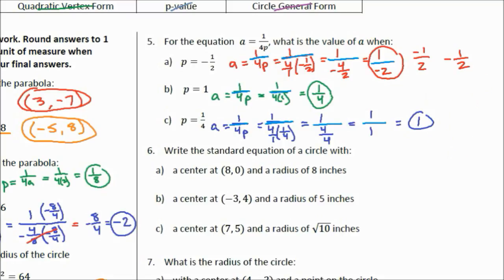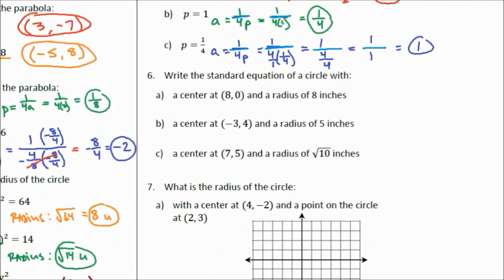All right, number 6. Write the standard equation of a circle with a center at 8, 0 and a radius of 8 inches. All right, this is not a problem. We know that a standard equation of a circle is going to be x minus h. h is 8, so x minus h squared plus, now y minus k, class, k is 0, so we don't have to write subtracting or adding anything.